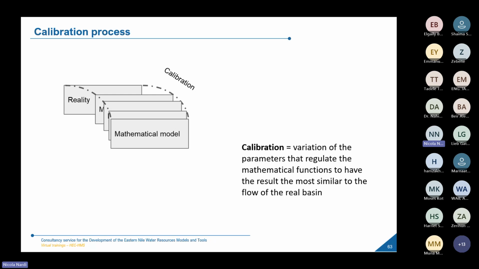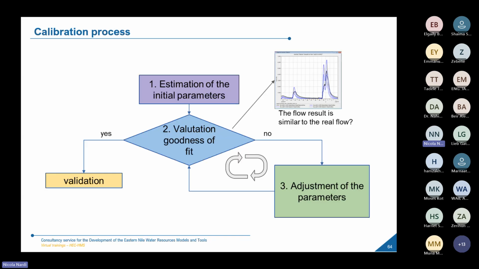Because calibration is not something where you change the parameters just once. You change one parameter, you see how the change influences the result. But remember that you have multiple parameters that can be changed, and usually each one of these parameters has different effects, different consequences on the results that you obtain from the simulation. I hope it is clear.